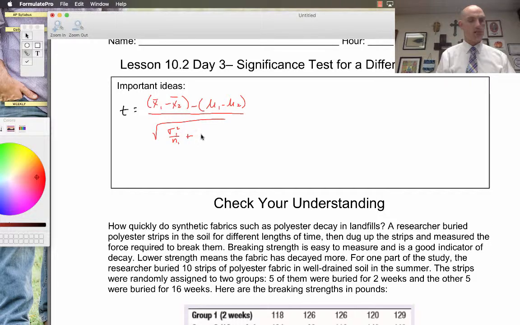On the bottom goes the standard deviation. And on top, notice what we have: our sample mean minus our population mean. So that's the sample mean difference, and this is our population difference in means.